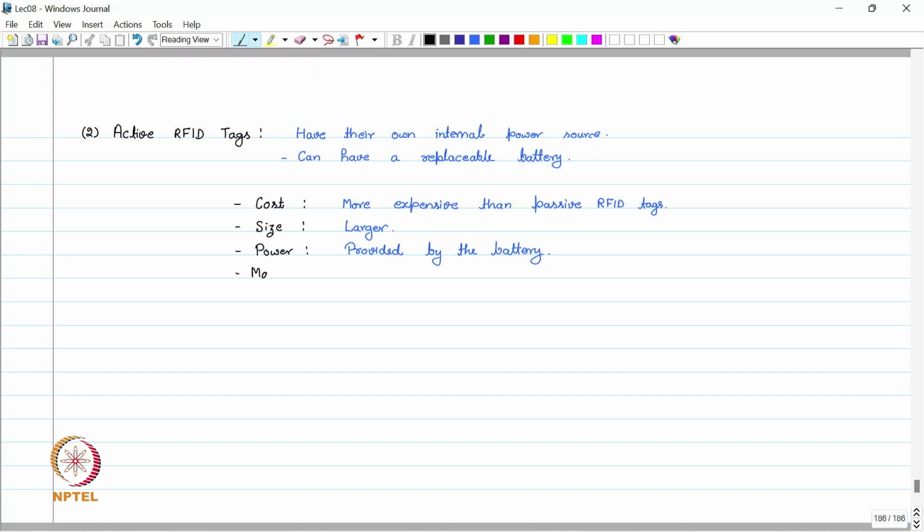Maintenance: battery replacement required.